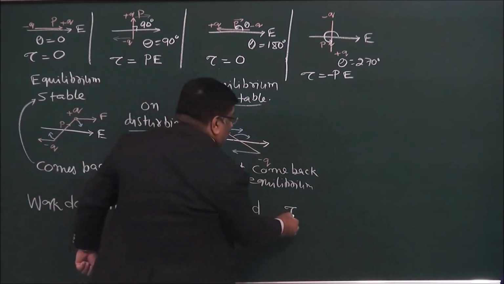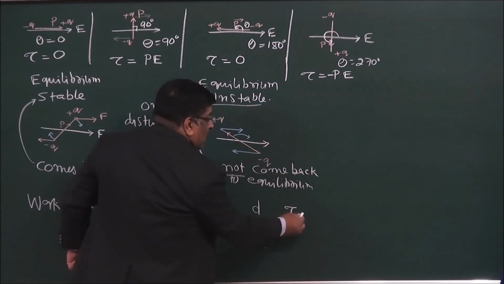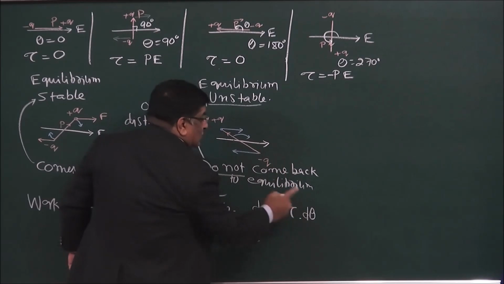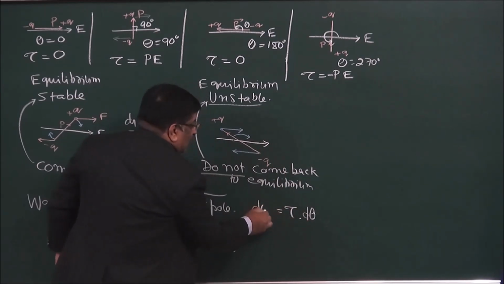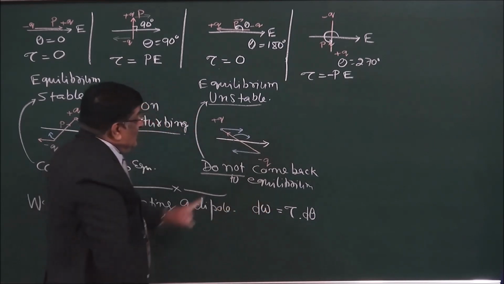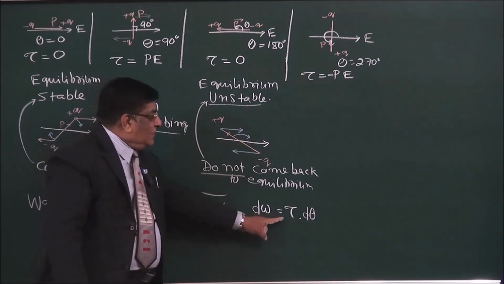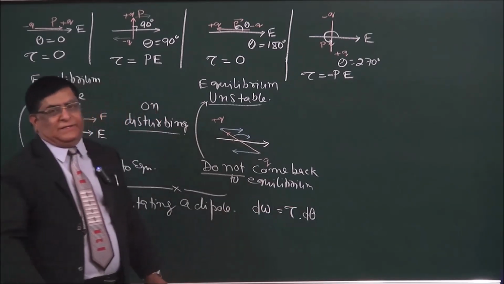We have to apply torque tau and turn it with angular displacement d theta. So torque multiplied by angular displacement gives the small work done on it. This is our fundamental formula. The work done is equal to torque multiplied by d theta.